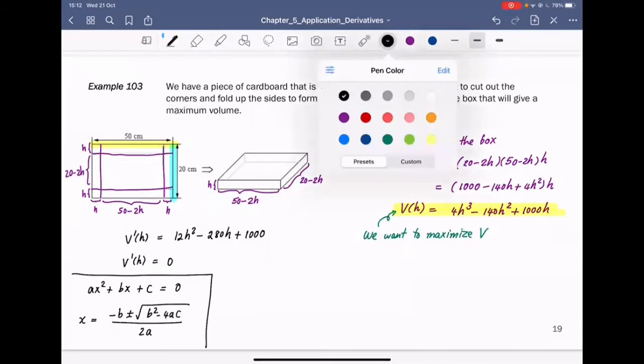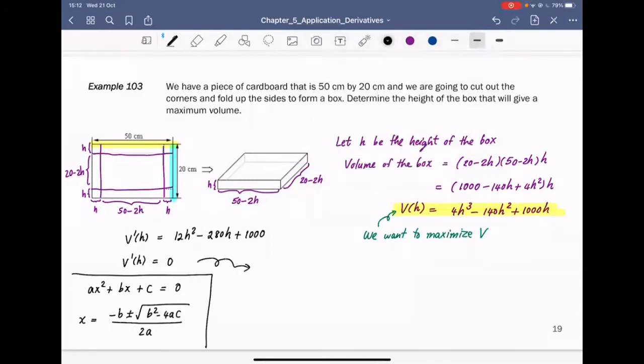So I'm going to solve this equation, and that will leave me h equal to negative negative 280, plus or minus the square root of negative 280 squared minus 4 times 12 times 1000, and then over 2a. So 2 is going to be here, and a is 12. You just plug in all the numbers.